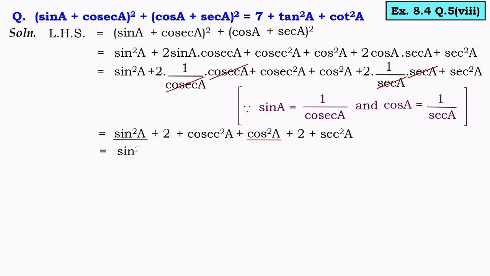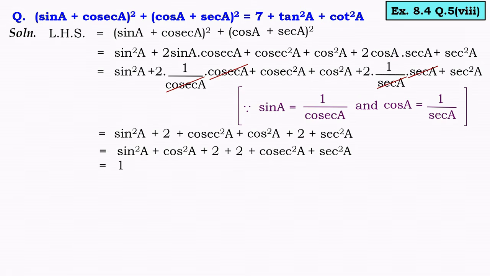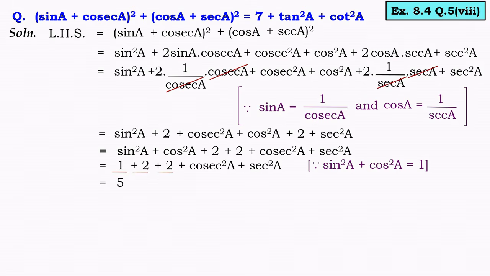We get sin²A + cos²A + 2 + cosec²A + sec²A. Using the identity, sin²A + cos²A is equal to 1. So, the expression becomes 1 + 2 + cosec²A + sec²A. That simplifies to 5 + cosec²A + sec²A.